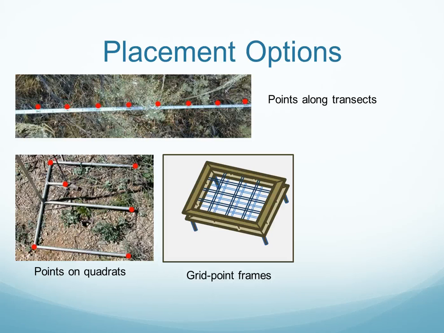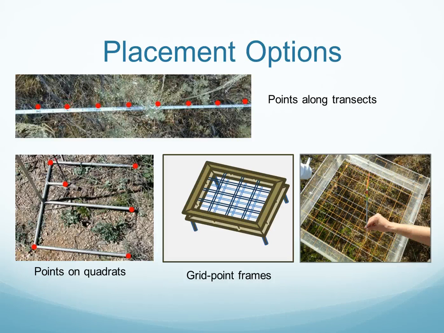Another approach is to use grid point frames, and in this case we have a frame that is fitted with crosshairs, usually made out of some sort of filamentous material such as string or wire or fish line. And there's usually a pair of the frames that are held together in one solid configuration. We see a picture here of someone using a pin flag.